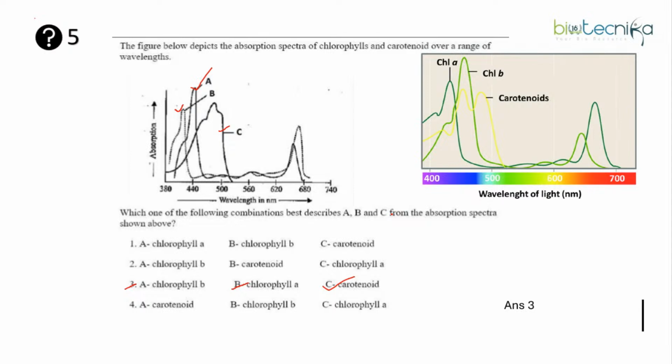In these plants, the CAM plants, I'm talking about the CAM plants, since they are growing in the dry and arid regions, in order to reduce transpiration, they keep their stomata closed during the day, and they open it at night.